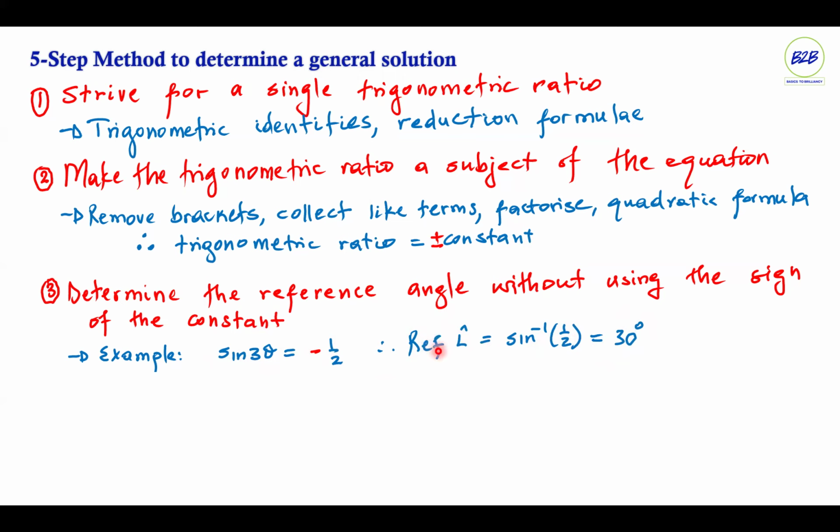Very important to emphasize, within the general solution, that 30 degrees is not 3 theta. Let me repeat again. That 30 degrees is not equal to 3 theta. So at this stage, which is step 3, don't make the mistake of saying 3 theta is equal to 30 degrees, because you might end up dividing by that 3, and that is a very big problem.